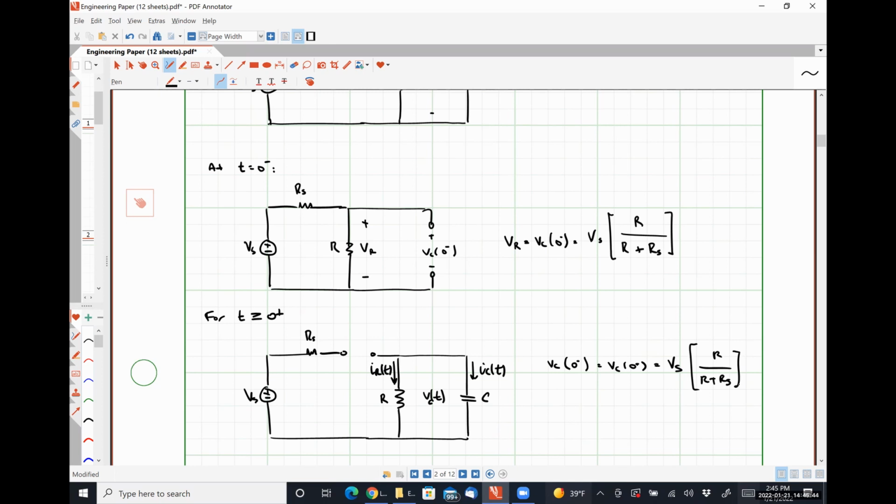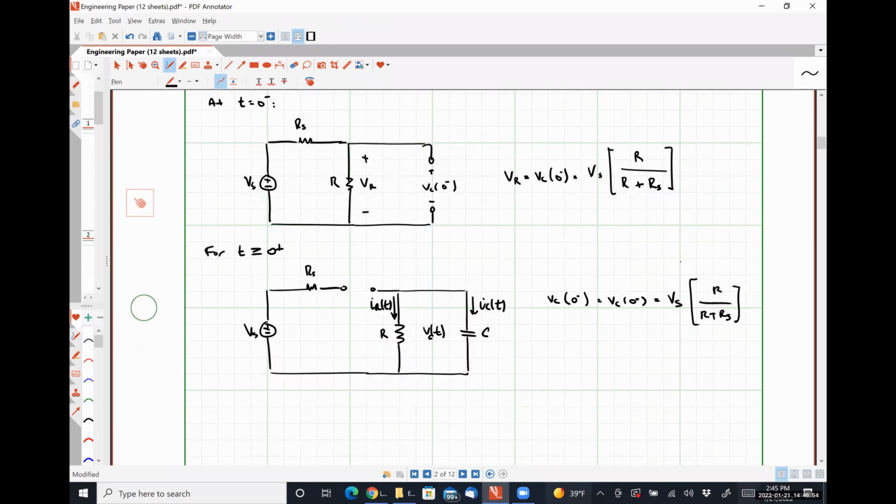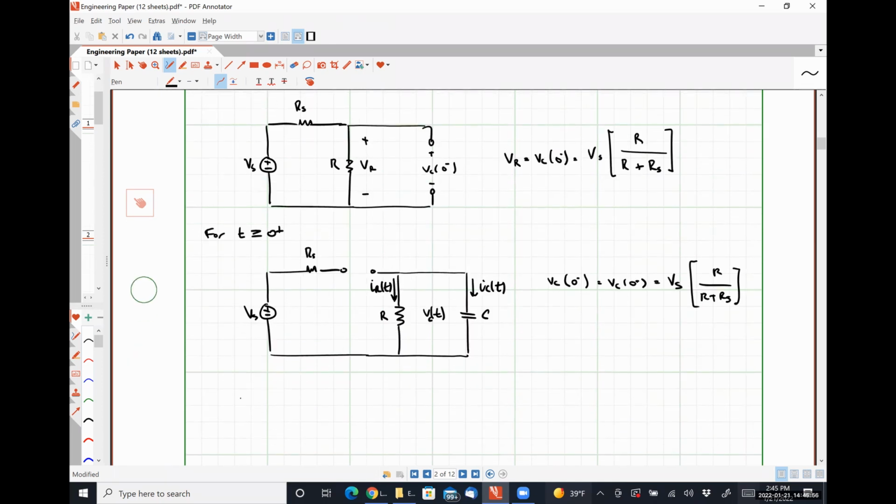So to understand how it behaves for all time after our switch opens, we're going to have to set up another differential equation and solve it again, okay? So we could say that IR of t plus Ic of t is equal to 0 by applying Kirchhoff's current law at our top right-hand node.